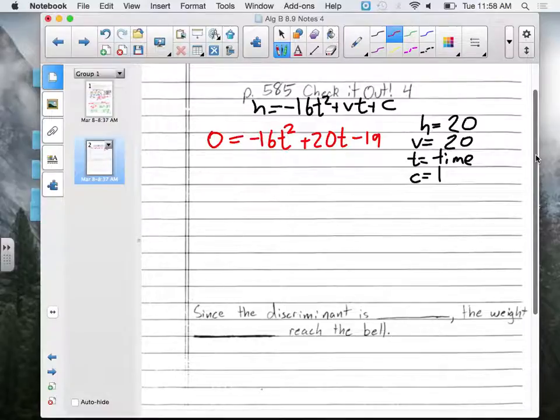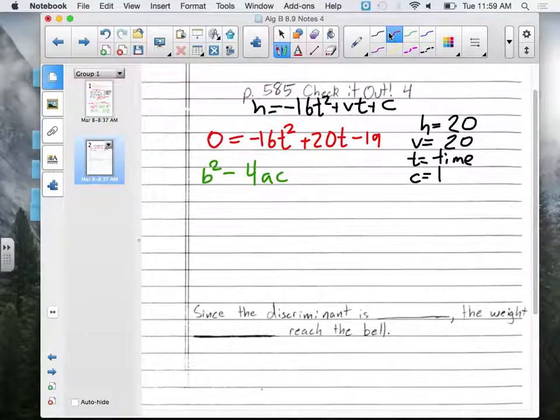Looks like a quadratic, so now if we're being asked to use the discriminant, what part of the quadratic formula is that? Oh, I forgot one thing. What do we always do before we start doing stuff?